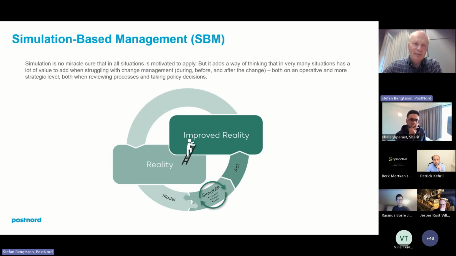So I usually claim simulation should, of course, not always be applied, but we should more or less always have in mind this way to address a problem. As soon as we have a problem that lives over time, as soon as we have a problem with a system perspective related to it, and as soon as the problem has some level of complexity, then we should consider this as a way to address the problem.